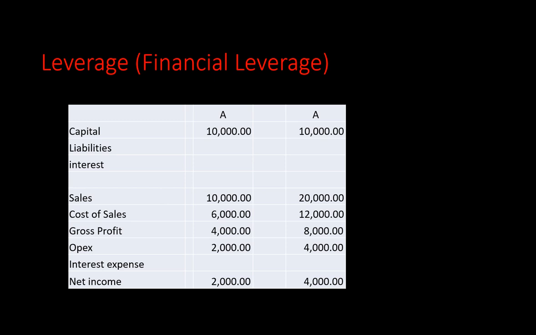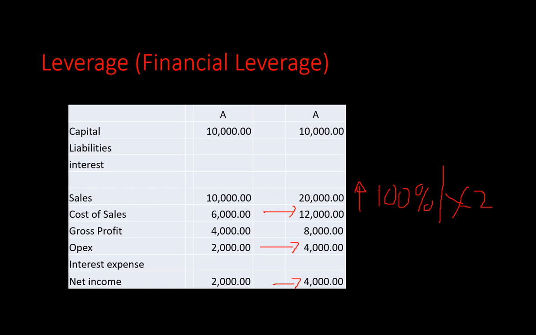This is an increase of what? 100%, which means it's times 2, right? So you were able to double your operations. And since your costs are variable, they are also doubled. And since you have no fixed cost, your net income also doubled.